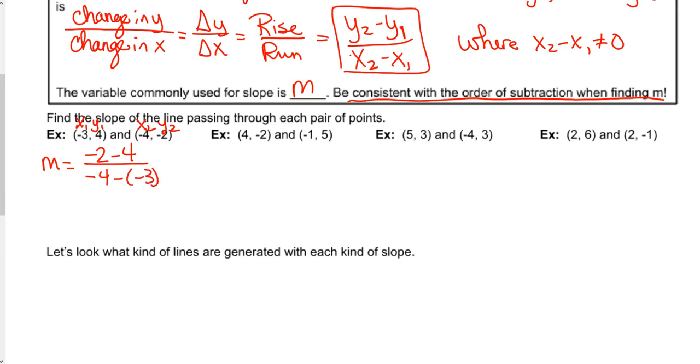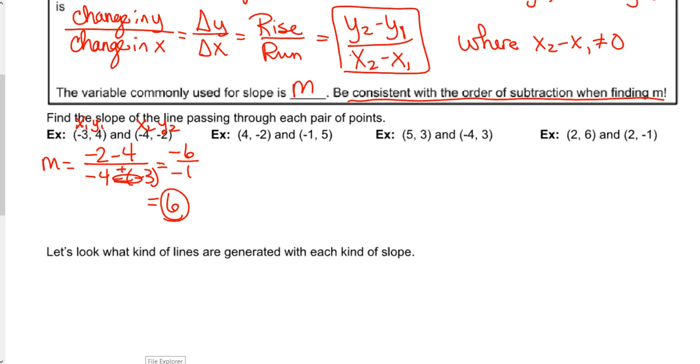Now be very careful. In the formula it is a minus, so you want to make sure that you subtract. Here we end up having a double negative, which becomes a positive. The number on top, negative 2 minus 4, is negative 6, all over negative 4 plus 3, which is negative 1. We can reduce those negatives to a positive, and 6 over 1 is just 6.